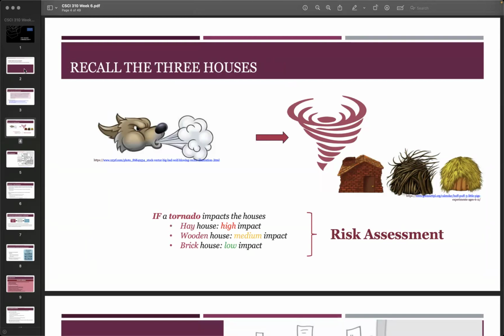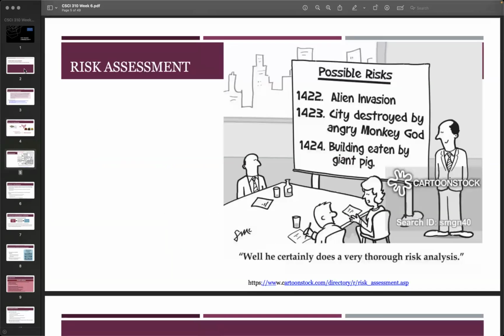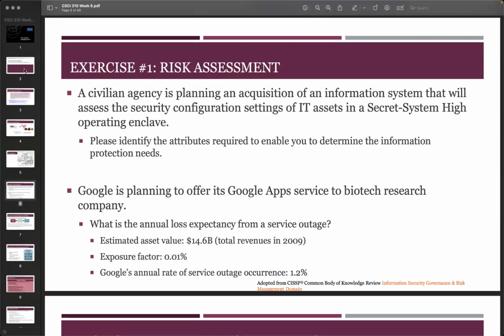If you remember in the introduction, we said that if we have a tornado, then it will impact the house. So we have different types of impact, high, medium, lower, based on the asset itself. And because we know the structure, then we know the risks, then we need to do the risk assessment. For those possible risks, we need to list them.